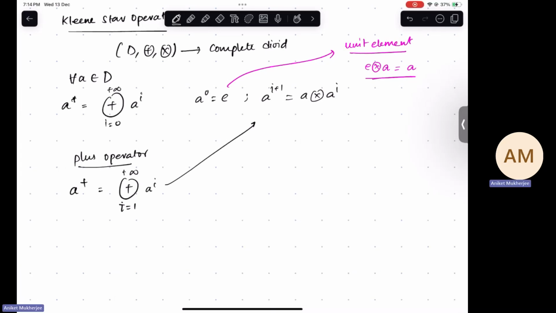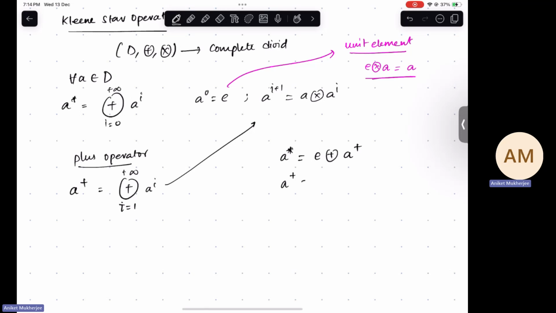So from these two, we had the relation between the Kleene star and the plus operator as A star equal to E plus A plus, because you take out A0, then you get this, but A0 is E, so E plus A plus.